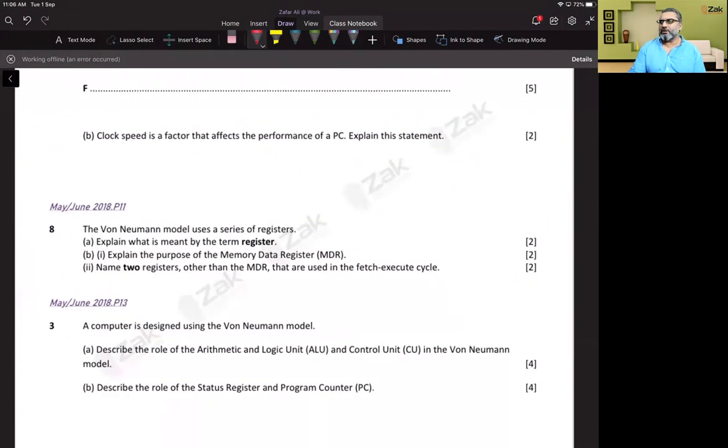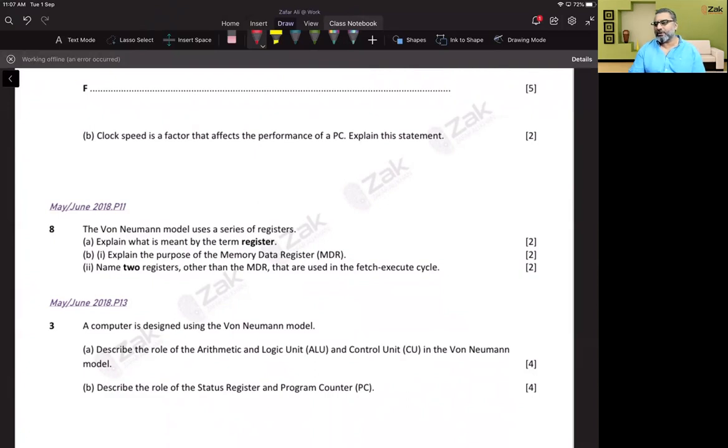So it is a small piece of fastest memory inside the microprocessor. And it is part of the processor. It is temporary storage. Data about to be processed is held in the registers. Now explain the purpose of the memory data register.